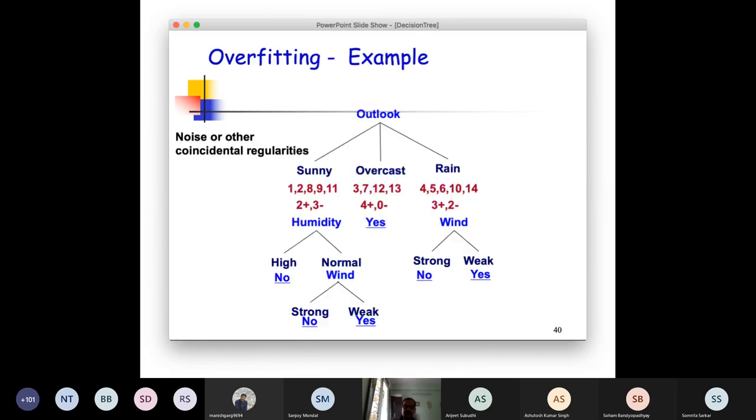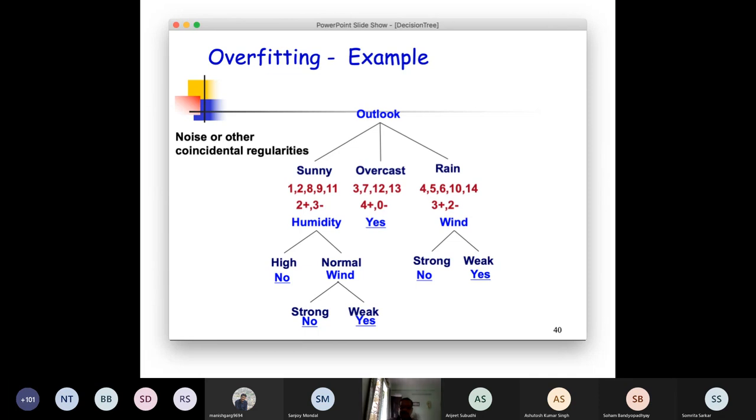So this example just shows that for any training example set, if there is no contradiction in the data, in the sense that the same combination should not have two different results, then that is the contradiction.